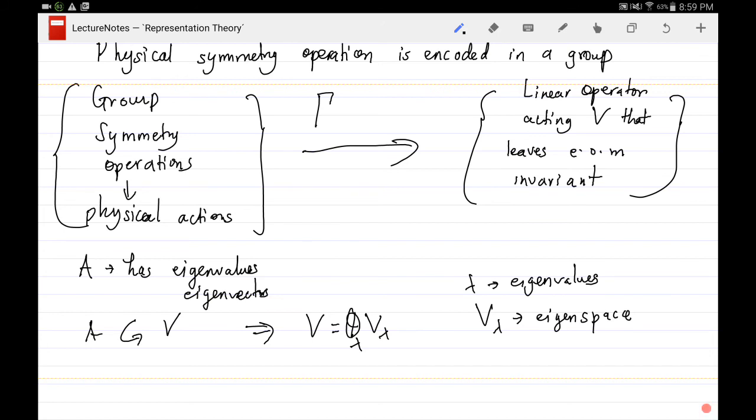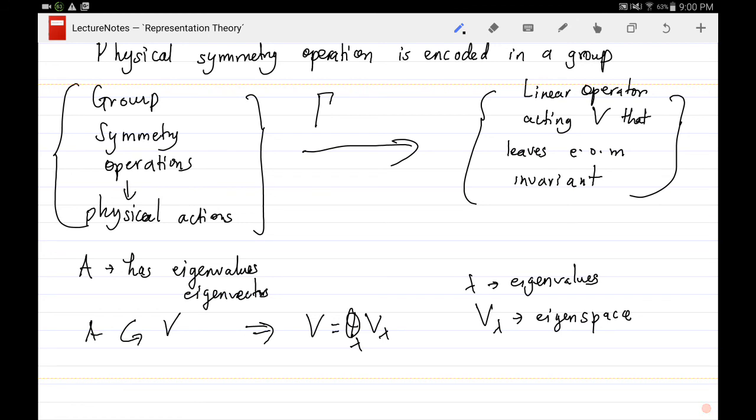So what I mean to say is that we have this group of symmetries. It acts on this vector space, but I can write this vector space as a direct sum of some eigenspaces, and in each eigenspace I can decompose what the system is doing into spaces that don't talk to each other.